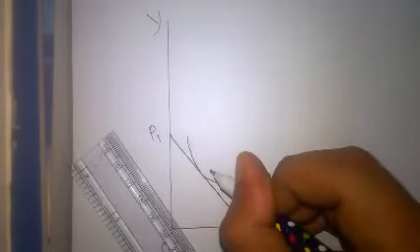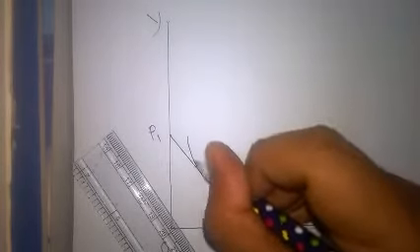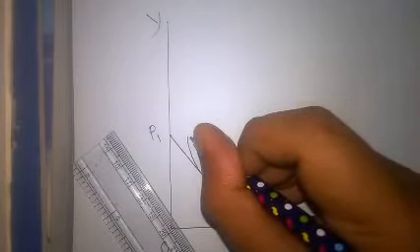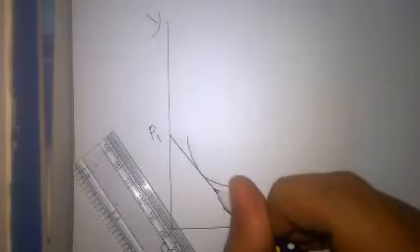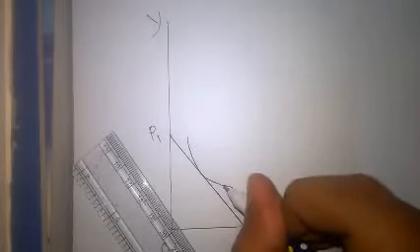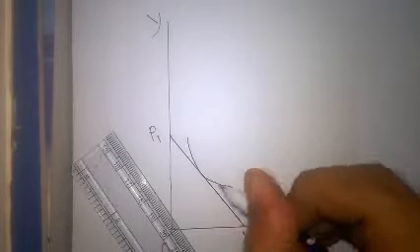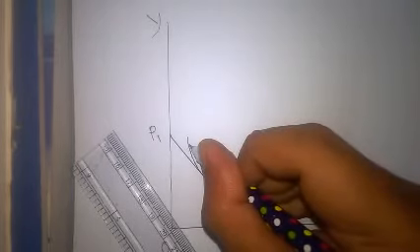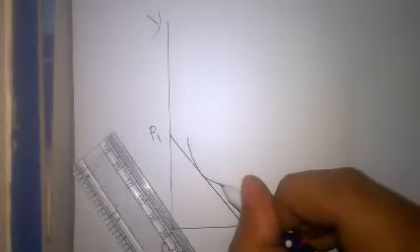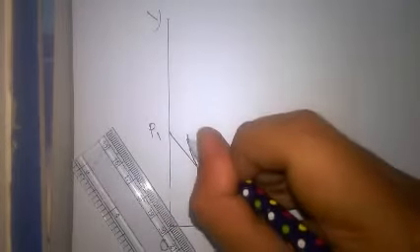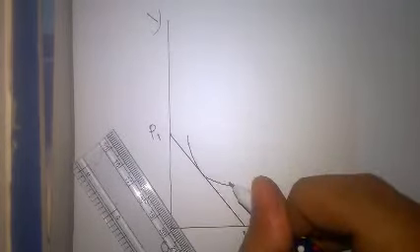We all know that an indifference curve is a curve. All the points of this curve represent equal level of satisfaction. So this point is the same as this point. All these points are equal in an indifference curve.